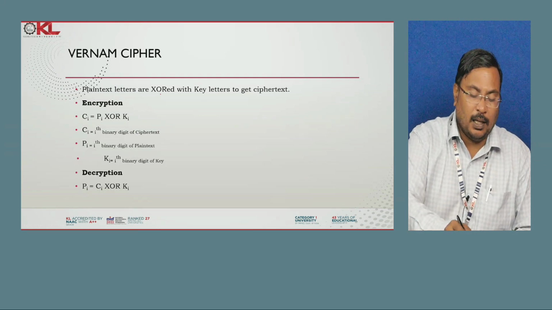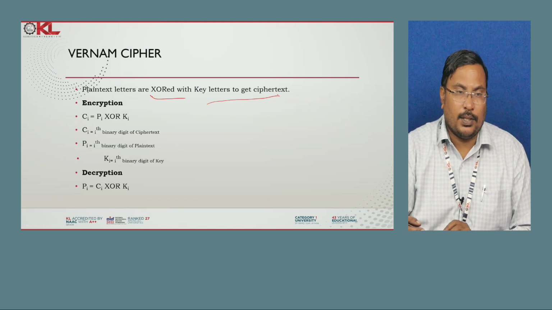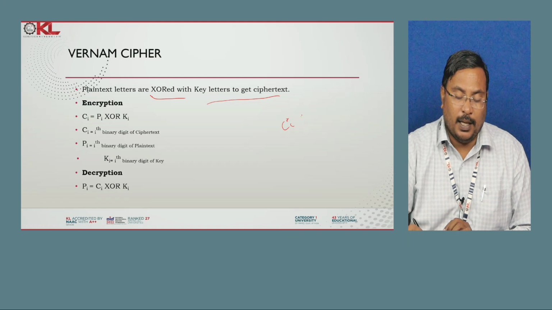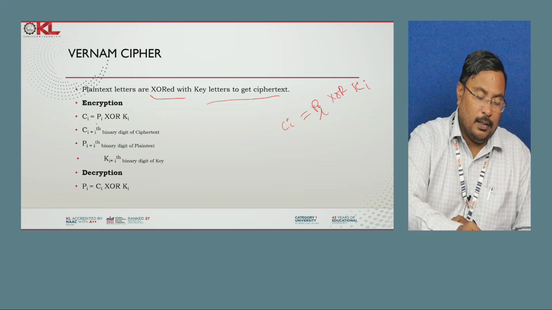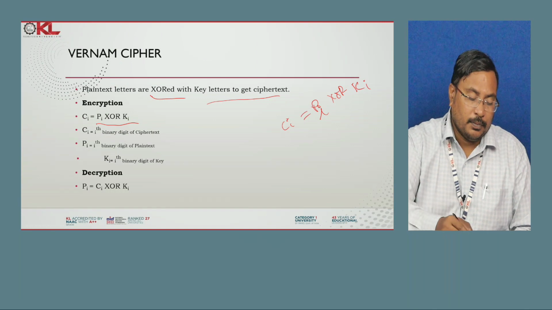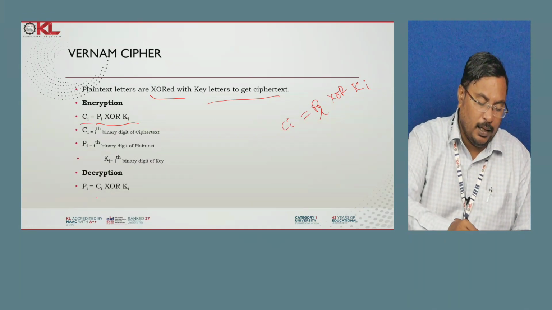The plain letters are XNORed with the key letters to get the ciphertext. Here Ci, the ith letter of the ciphertext, is created by using the ith plain letter XNORed with the ith key letter. So we get the ciphertext Ci. The same process is done here.